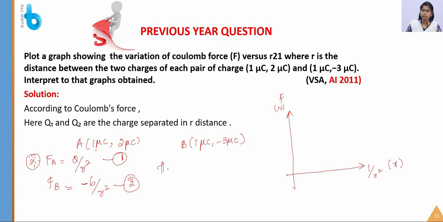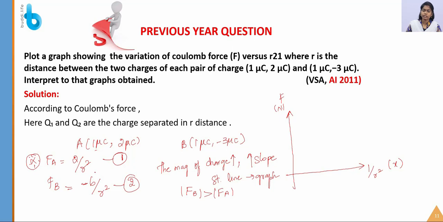Note that as the magnitude of charge increases, the slope of the graph also increases. Here the graph is a straight line. Let's draw the graph. Obviously FB has a larger magnitude than FA, right?